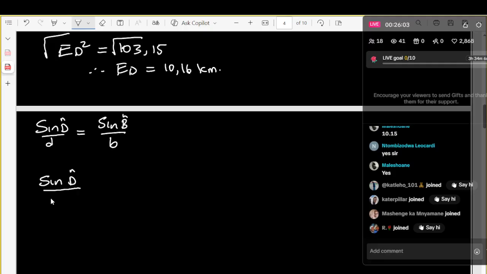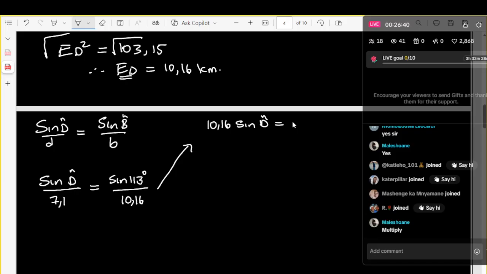So when it's like this, what else can we do from here? We just have to cross multiply. When we cross multiply, I have 10.16 times the sine of angle D equals 7.1 times the sine of 113 degrees.